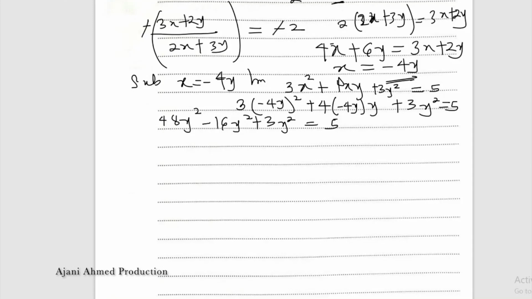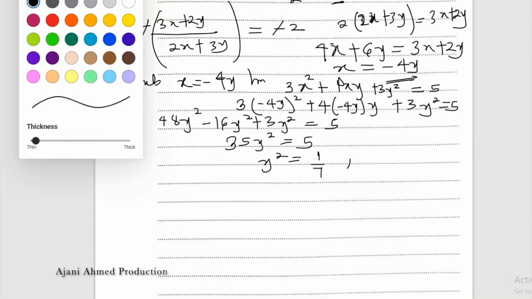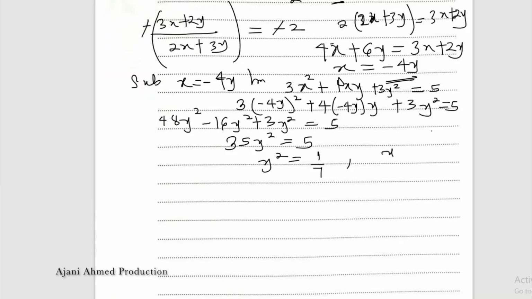Combine: 48 minus 16 plus 3 will give me 35y squared equal to 5. y squared is 5 over 35, 1 over 7. So y is plus or minus 1 over root 7.